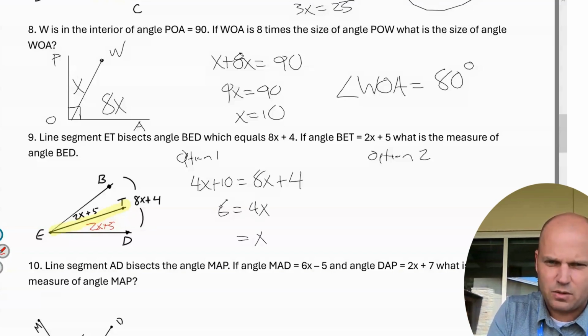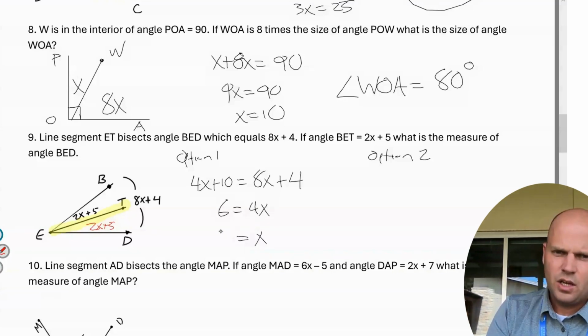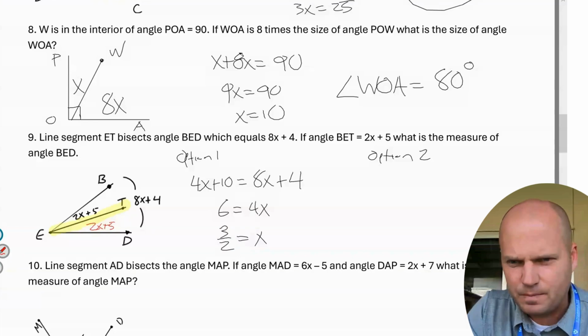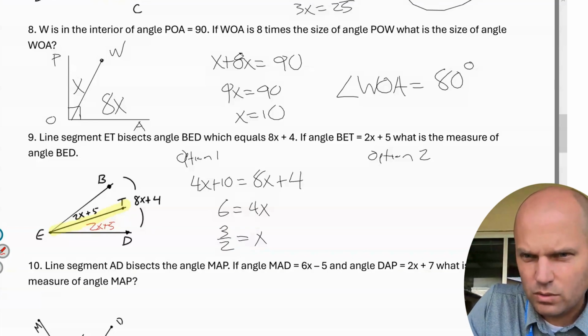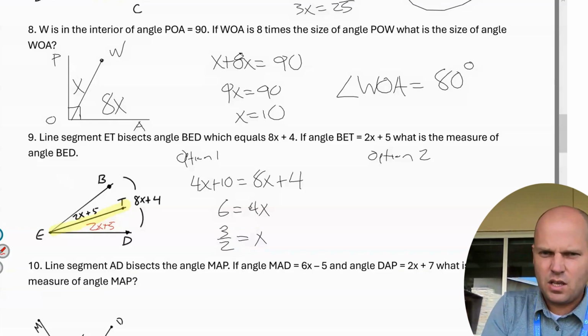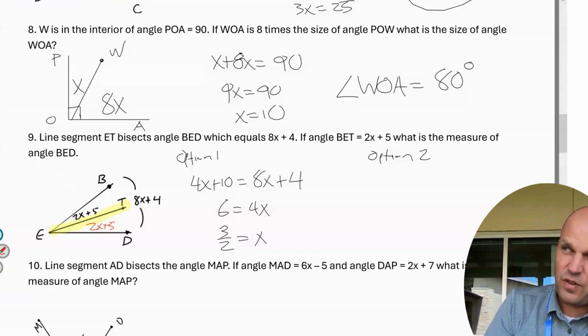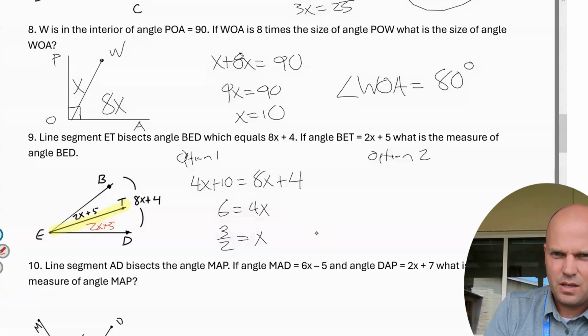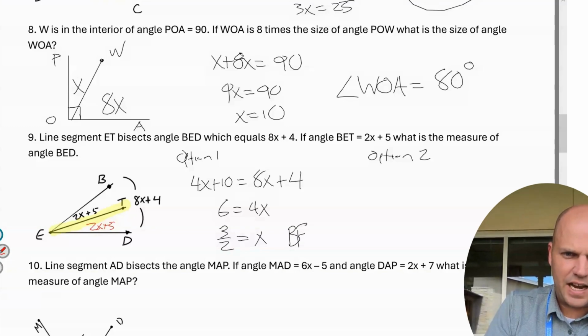Divide both sides by 2, you get 3 equals 2x. X equals 1.5. Cool. BET is going to be 1.5 times 2, which is 3. 3 plus 5 is 8. So BET is 8. Sorry, BED is going to be 16. BED being the entire angle.